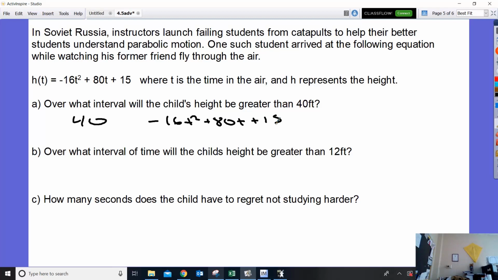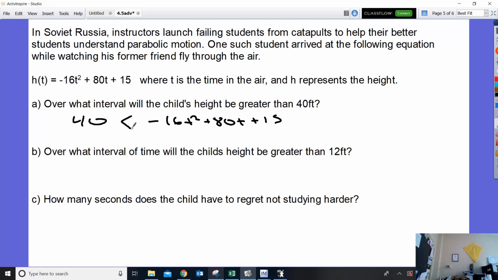What do you want this to be? What's its relationship to that 40? The equation is not less than. You might be thinking you're going to write a less than, but the equation itself is greater than it, isn't it? The equation itself is bigger. I want it to be greater. Sorry, it's just greater than that.